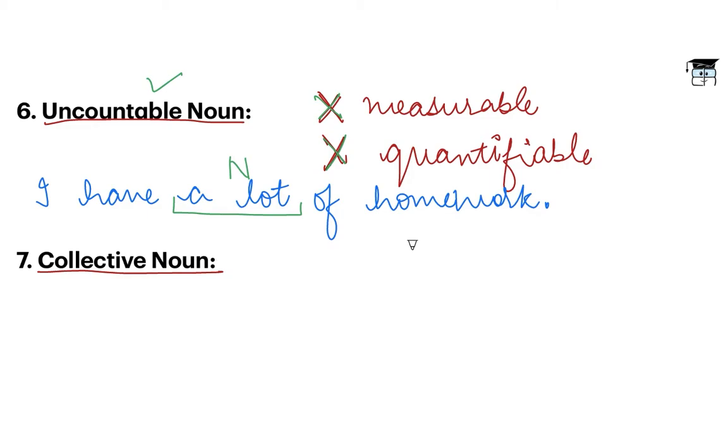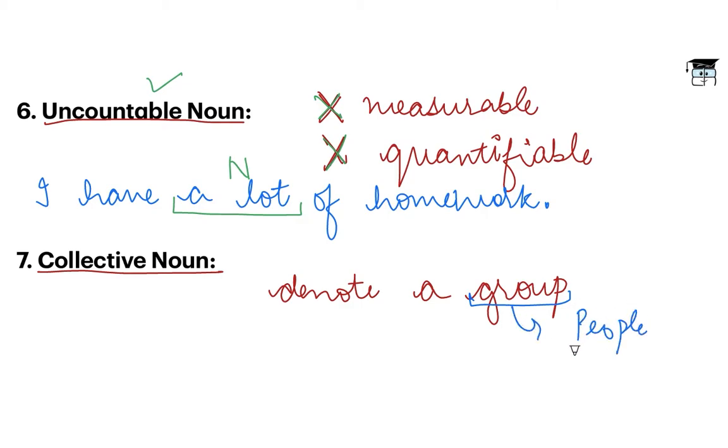Now what is a collective noun? These nouns refer to a naming word that is used to denote a group. This group can be of people, places, or objects.